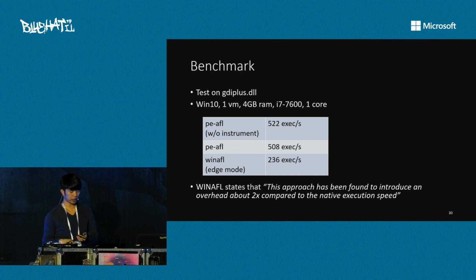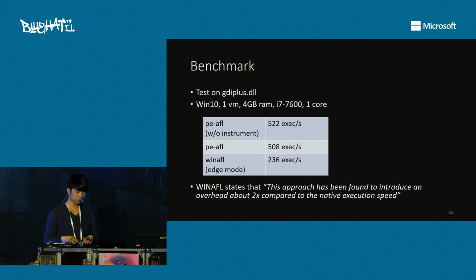And here is some benchmarking data. The benchmark is based on fuzzing the GDI Plus library, and the environment is a Windows 10 virtual machine with 4 GB memory and an i7 CPU with 1 core.